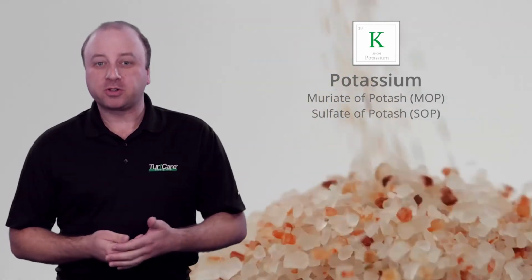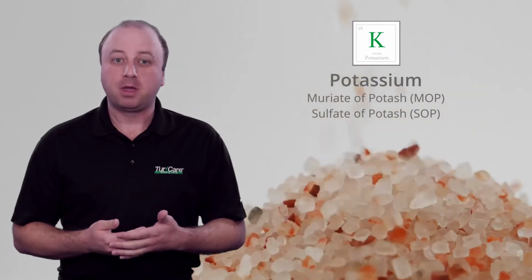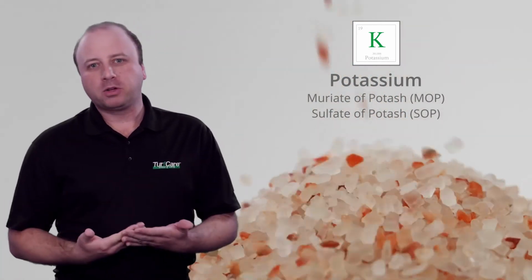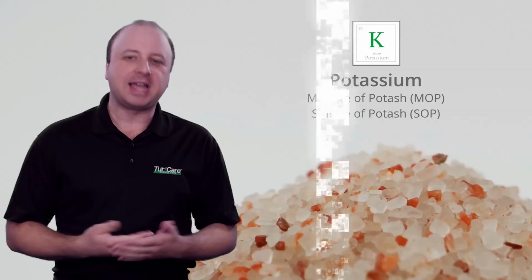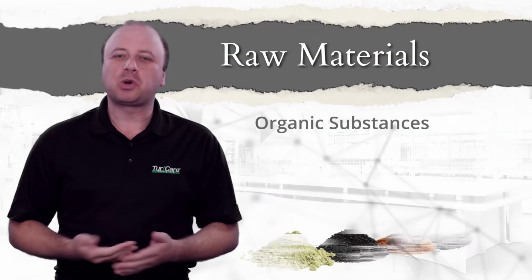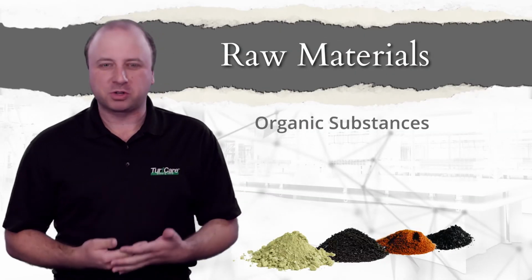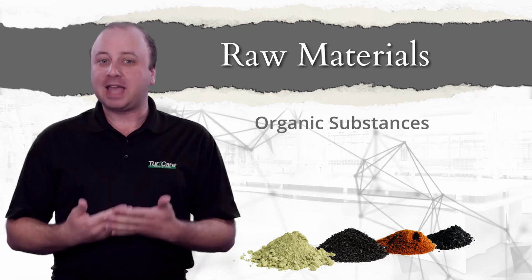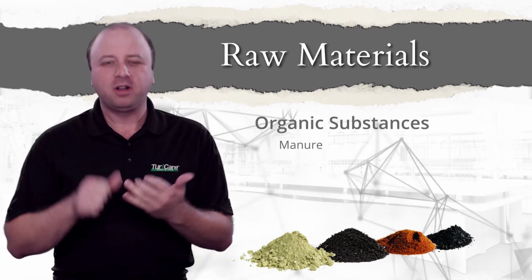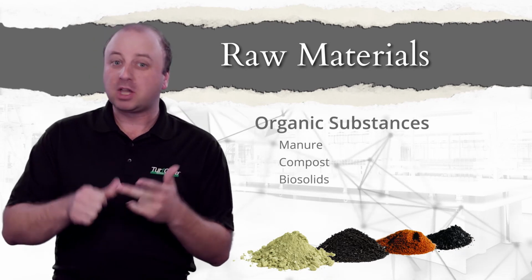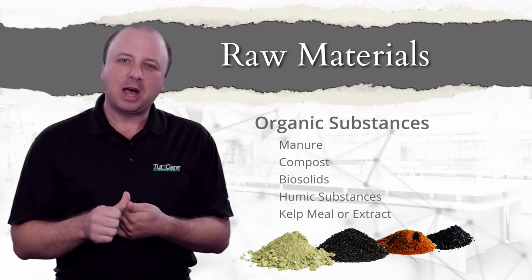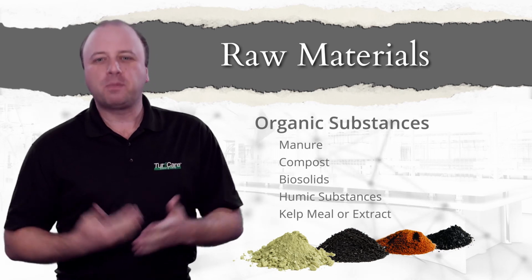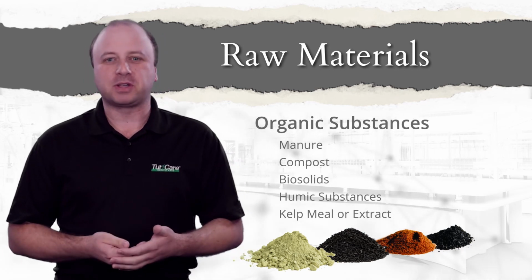Both of these raw materials are great sources of potassium. The only difference is one molecule contains chlorine and the other contains sulfur. Last, organic substances can be a great source of primary, secondary, and micronutrients. Examples of organic substances include manure, compost, biosolids, humic substances, and kelp meal or extract. We'll talk more about organic substances later in this presentation.